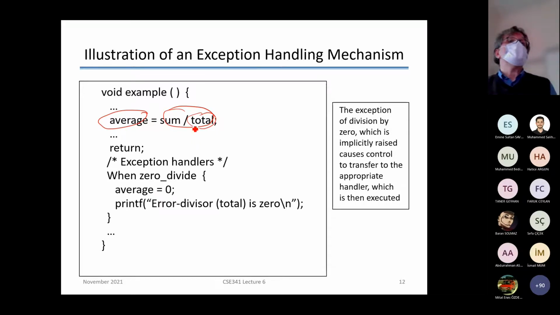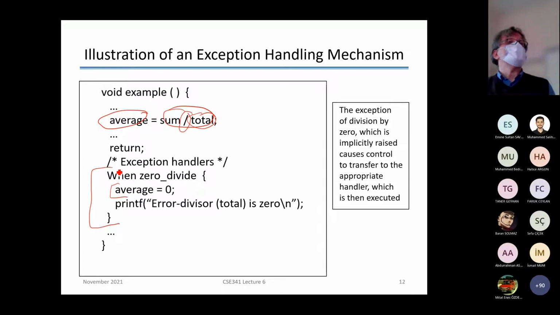And your compiler may say, okay, wherever you use, let's say, a division operator in an expression, I'm going to force you to take an action, because I know that the division operator is going to cause an exception in some cases, and I will have a code, a handler, to take care of what is happening there, right? So in this case, this handler is resuming.